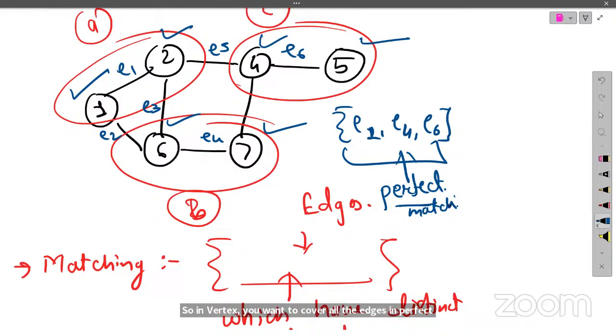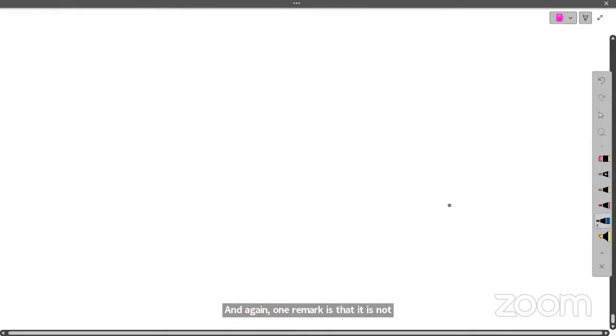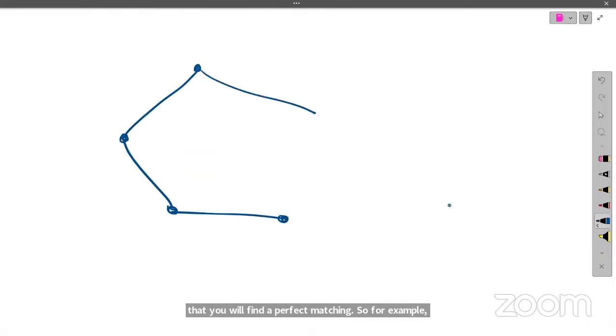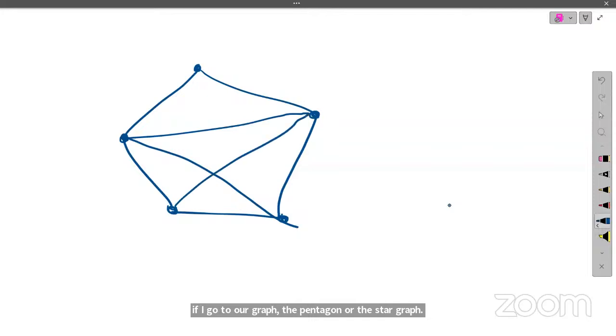And again, one remark is that it is not always the case that you will find a perfect matching. For example, if I go to our graph, the pentagon or the star graph, here you cannot find a perfect match. Suppose I take any edge. If you consider this edge in your matching, then these two vertices are covered.